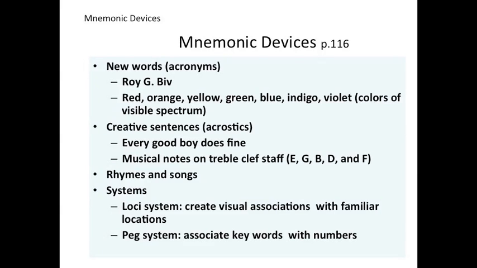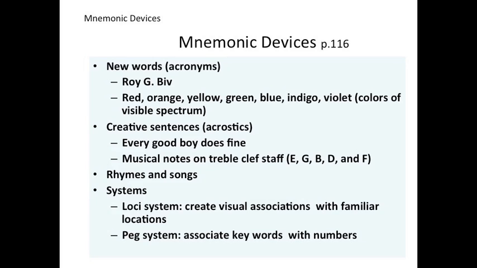Now we're going to look at some memory devices and what we can learn about those. So you'll see a reference to page 116. This is where the article in Becoming a Master Student talks about the mnemonic devices and the difference between an acronym, like Roy G. Biv, and an acrostic, which is a creative sentence, like every good boy does fine.